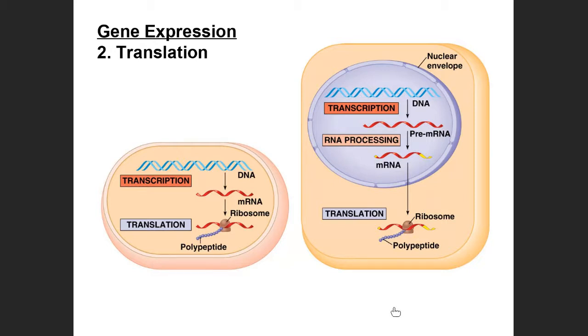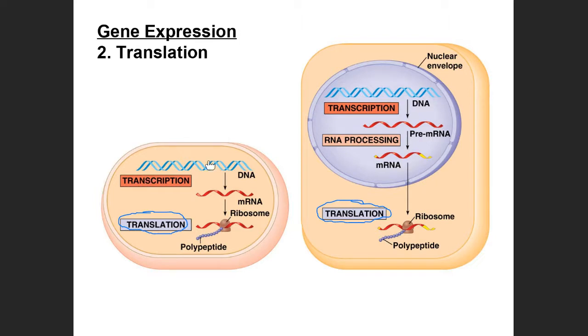All right, we had talked about transcription, and what we're going to move into is the second part of gene expression, which is translation, okay? So for prokaryotes, they don't contain membranous organelles, as we talked about before. Both steps, transcription and translation, can overlap for a couple of reasons.